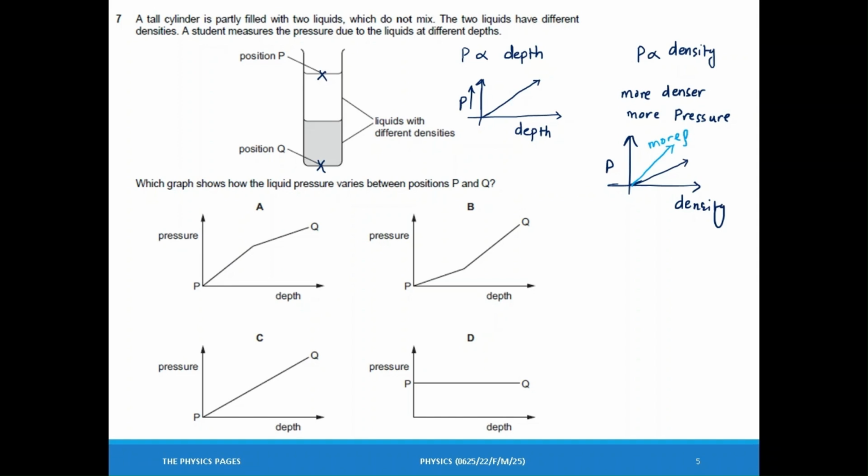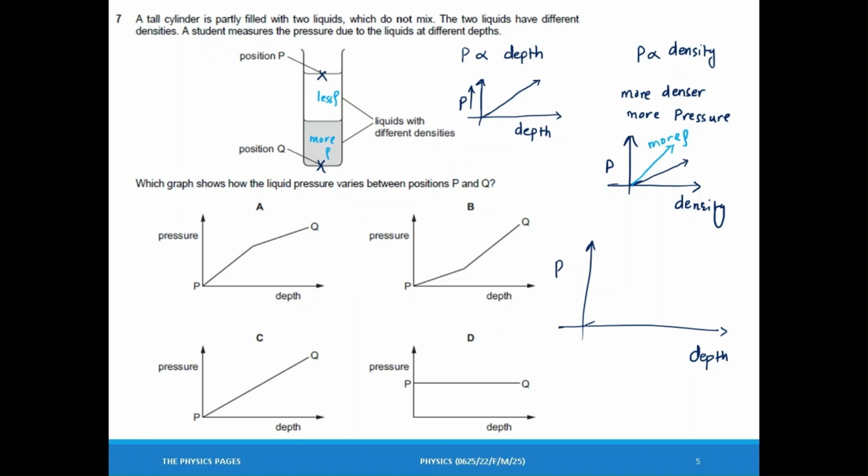So here in this question we have two different liquids. The whiter part is less dense, and this is more dense. So what happens if you try to graph this? We can simply say that this is the depth and this is the pressure.